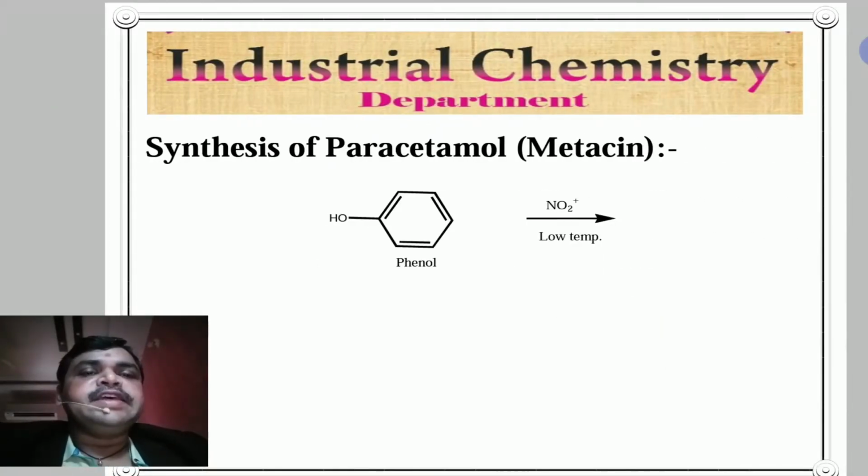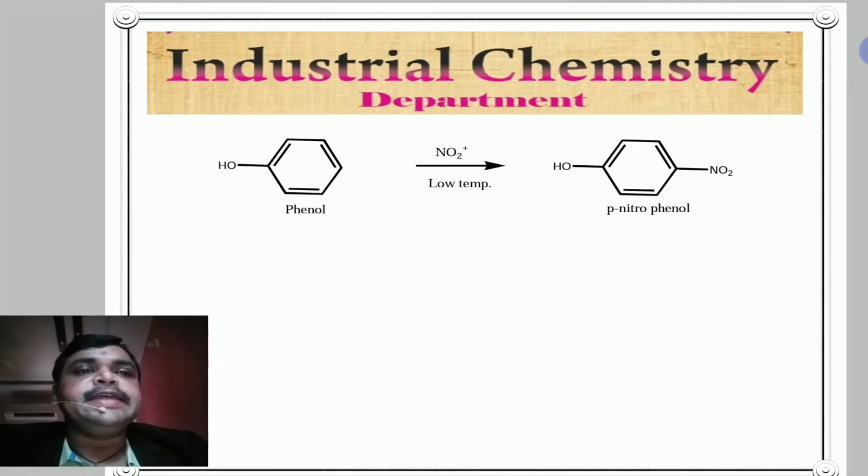Paracetamol is synthesized from phenol, and phenol is treated with nitrating mixture, sulfuric acid and nitric acid, mixed acid, at low temperature to give paranitrophenol or 4-nitrophenol.